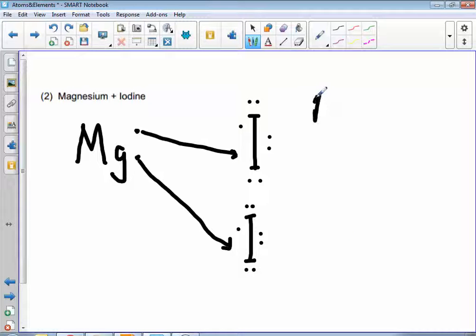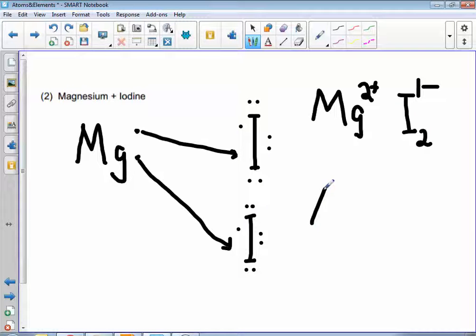We write the oxidation numbers, Mg2+, I1-, but because there are 2 iodines, we write a subscript below.